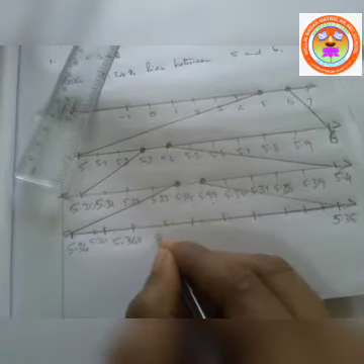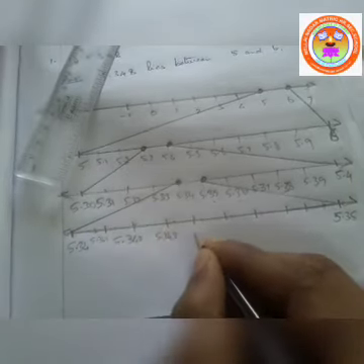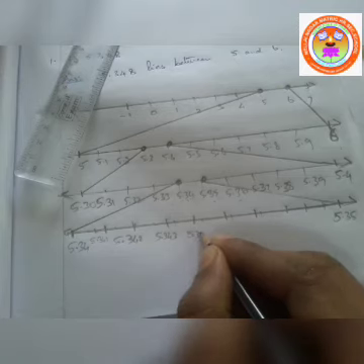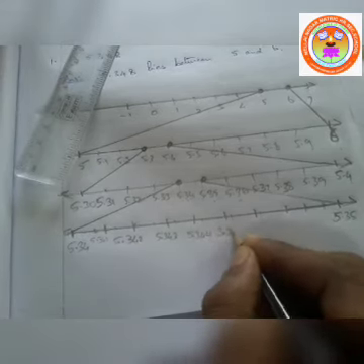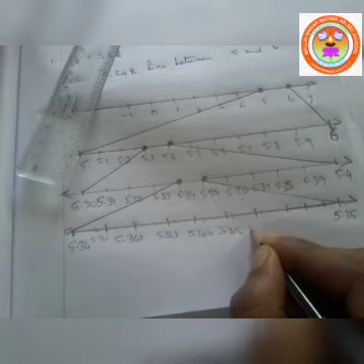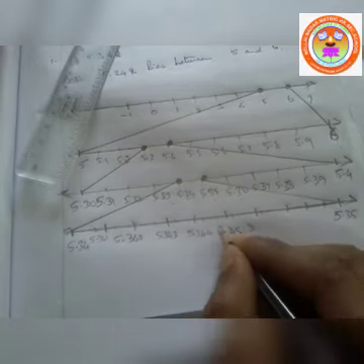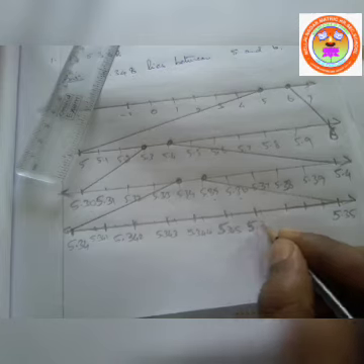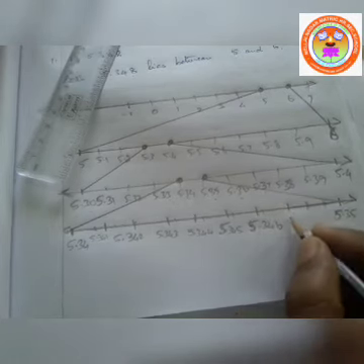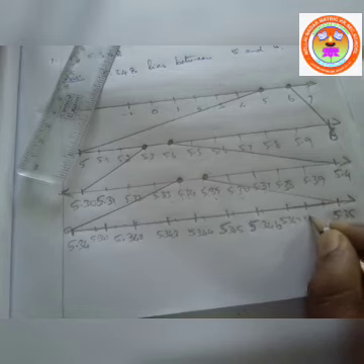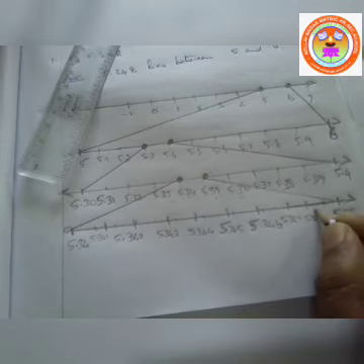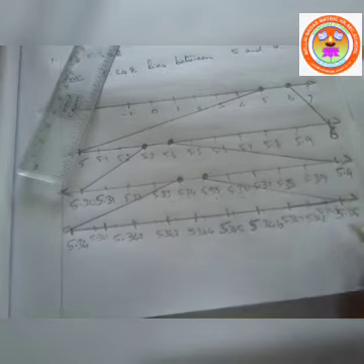The next number is 5.343. The next number is 5.344. The next number is 5.345. The next number is 5.346. The next number is 5.347. The next number is 5.348. The last number is 5.349.